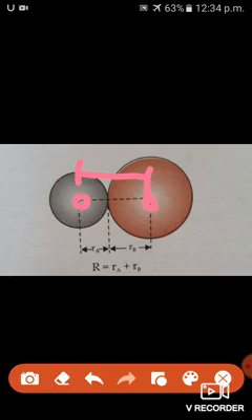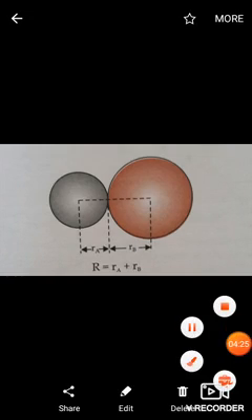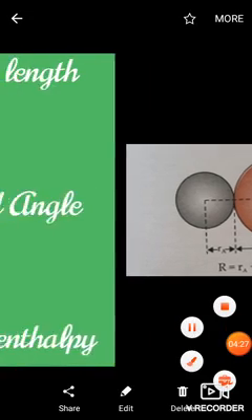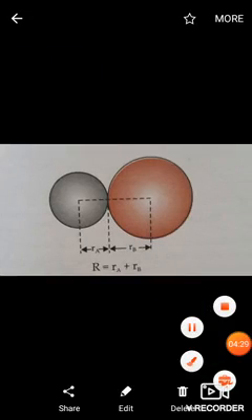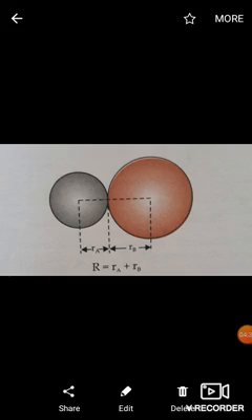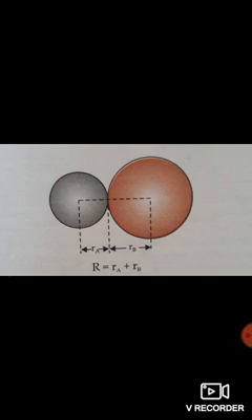Now we will discuss the bond angle. But before discussing the bond angle, there is a need to study the factors affecting the bond length. So bond length depends upon the following factors.